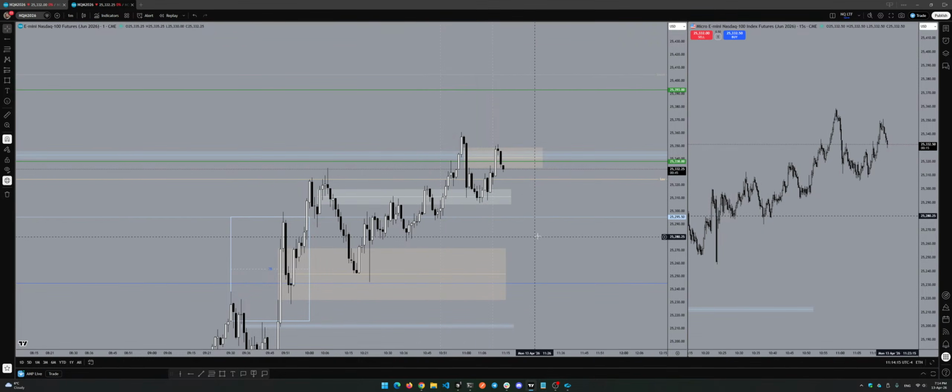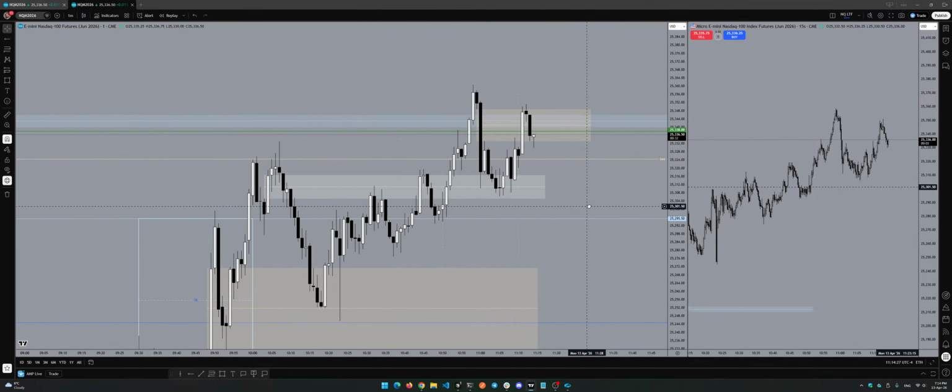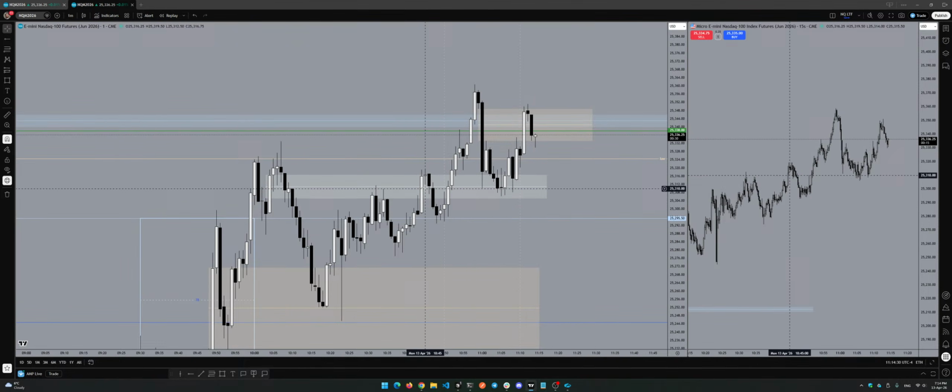But if I were to trade this after seeing this move and close in the upper half of the silver bullet, I would probably enter inside this fair value gap. So my entry would have been here.